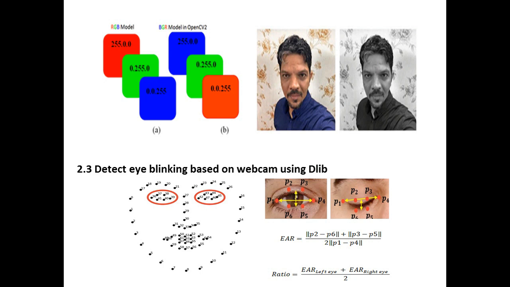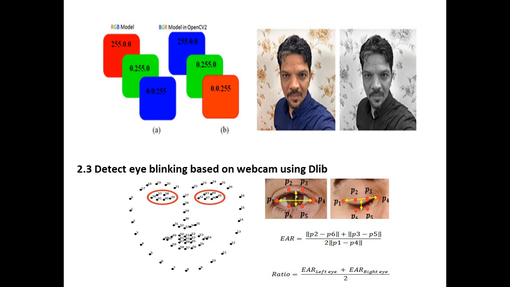To identify blinking, it is necessary first to determine the facial landmarks of the eye and then compute the eye aspect ratio between the landmarks of the eyelids, selecting landmarks for the left eye region 36 to 41 and the right eye region 42 to 47, as shown in the figure.